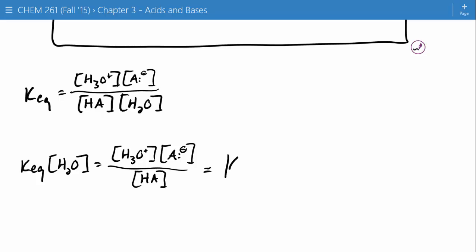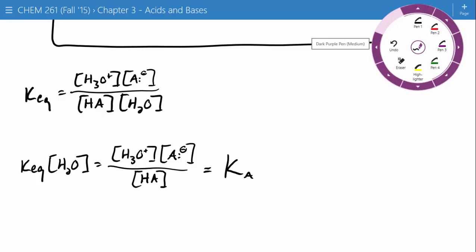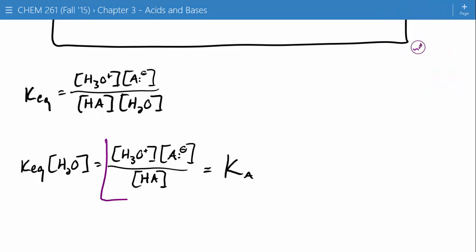And what we call this is Ka. So Ka just refers to this entire portion of our equation right here. So it's directly related to our equilibrium constant, right? What does it mean if Ka is large? What does that say about our acid? It's strong, right? If Ka is like 100 billion, that means we've got a lot of hydronium in solution, right?